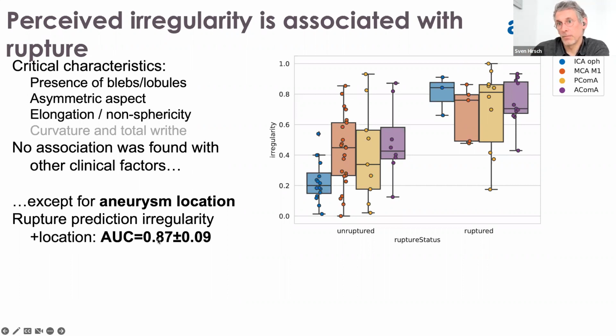So we were able to develop a very strong model to predict whether an aneurysm was ruptured or not, with basically two factors: irregularity, which was a Gaussian accumulate, and location itself.